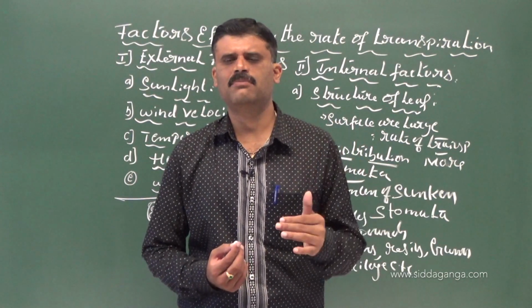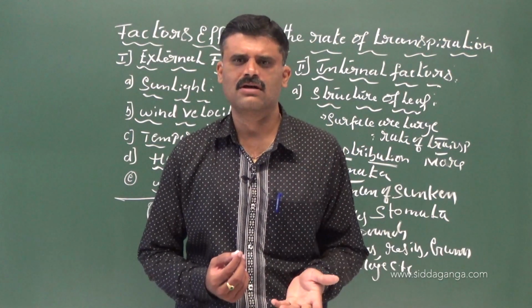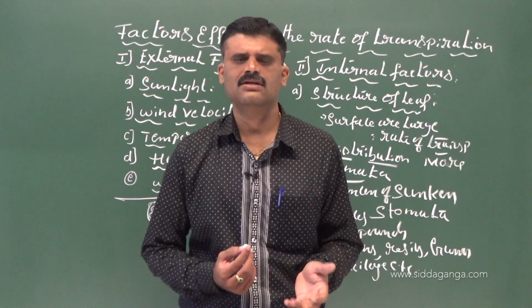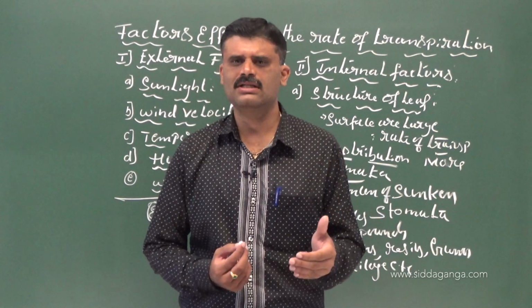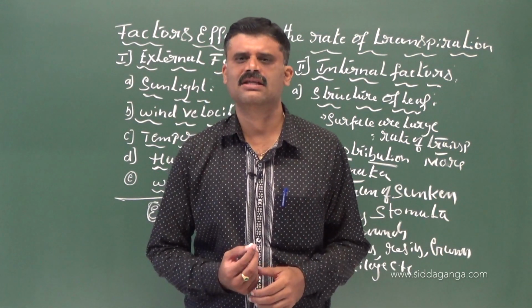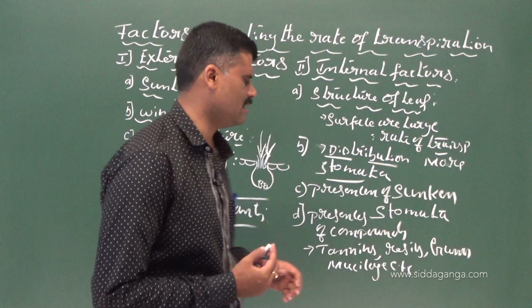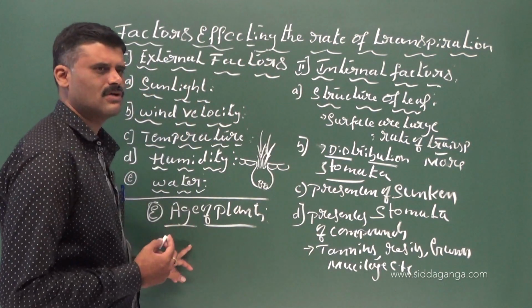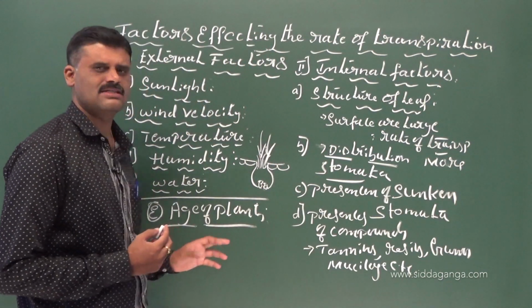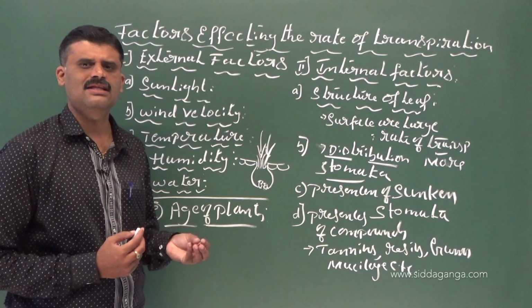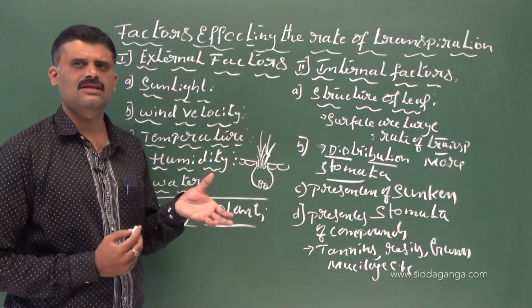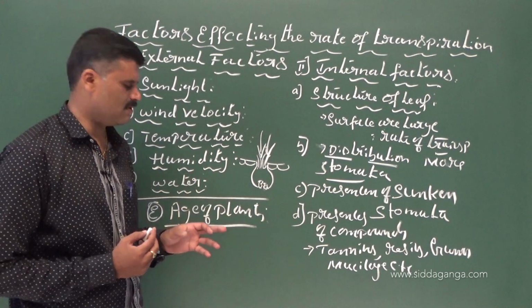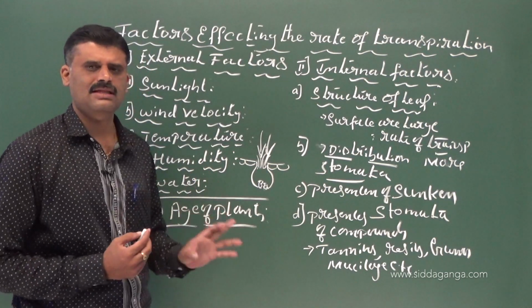And when the plant has undergone maturation and fertilization, and then comes to the senescent phase or old age, the rate of transpiration is less. So transpiration also depends upon the age of the plant. At young age transpiration is less, at maturity transpiration is more, and when it comes to old or senescent age, transpiration decreases again.